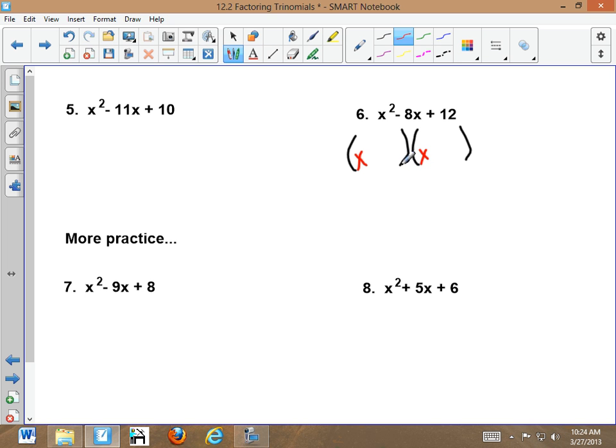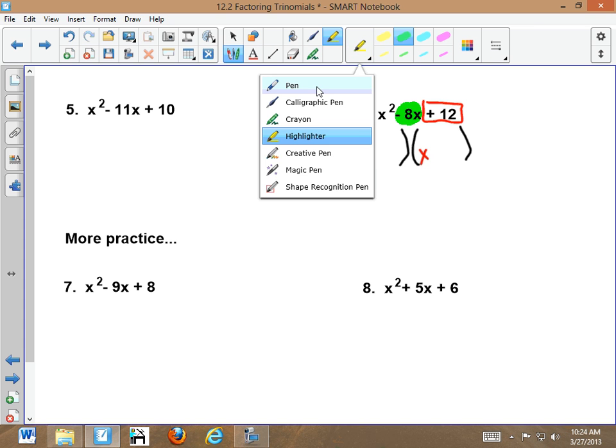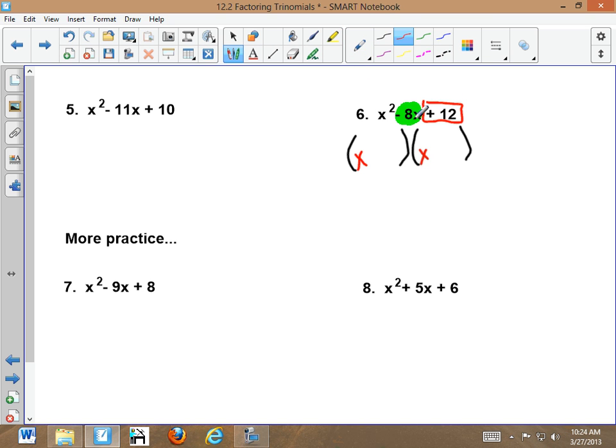Now, this is where it gets a little confusing. We have to multiply two numbers to get 12, but those two numbers have to add up to negative 8. Okay? So two numbers multiplied to give me 12, but add up to negative 8. So this is what I'm going to do.